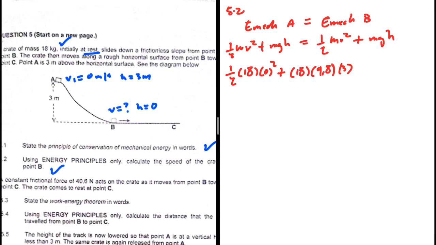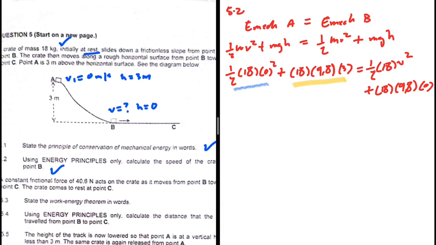This equals a half, the mass is 18 kg and the velocity is what we're interested in, plus the potential energy. Mass is 18 kg, gravitational acceleration 9.8, and the height is 0 at point B. So this gives us 0, this right here. So we can move to this part.